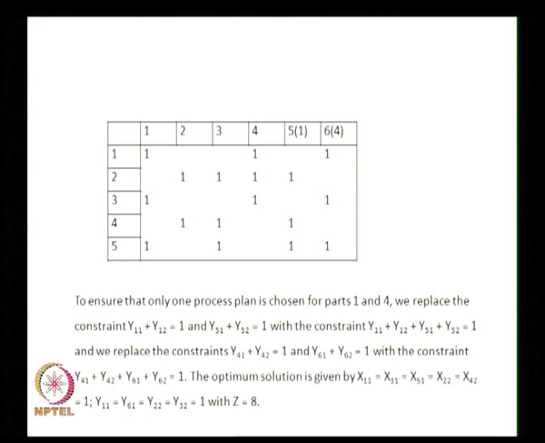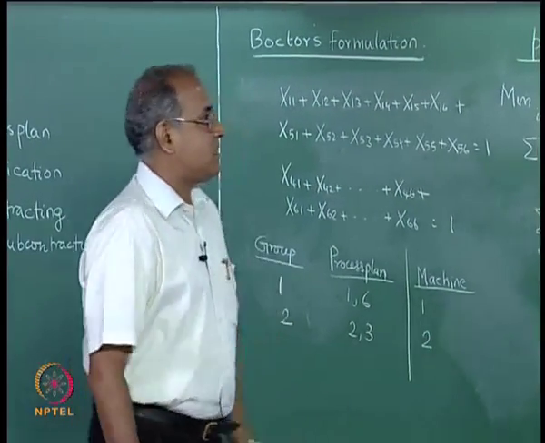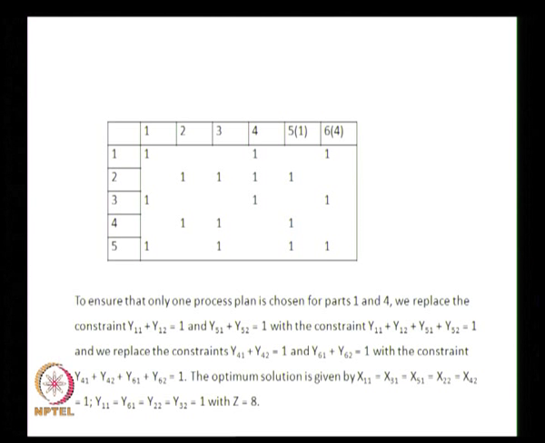Machine 2 has 2, 3, 4 and 5. 4 is not to be looked at because 6 is chosen. So, it has 2, 3 and 5. So, machine 2 will come here with 1 intercell move. Machine 3 has 1, 4 and 6. Once again 4 has to be left out because 6 is chosen. So, 1 and 6.